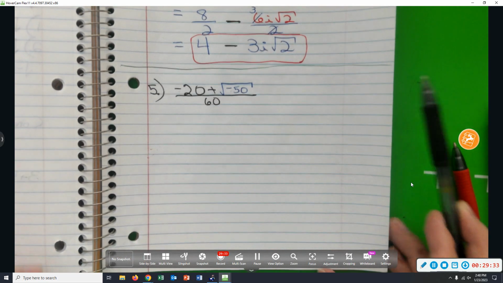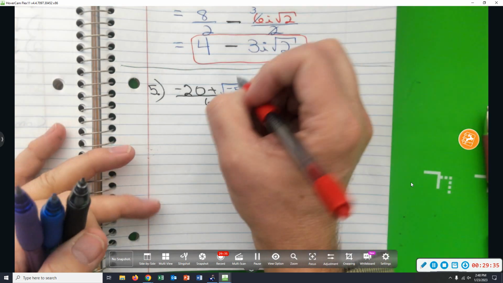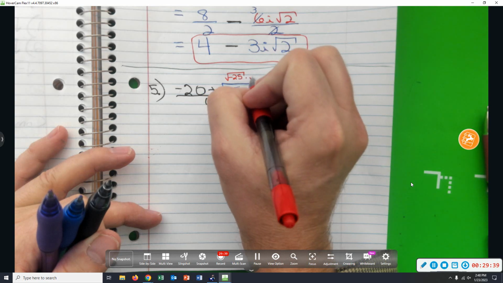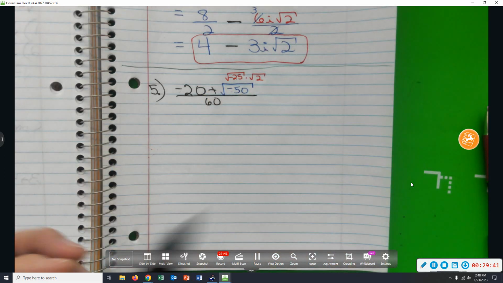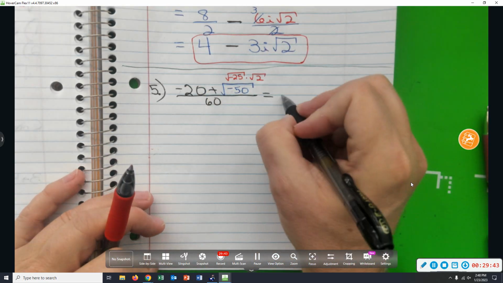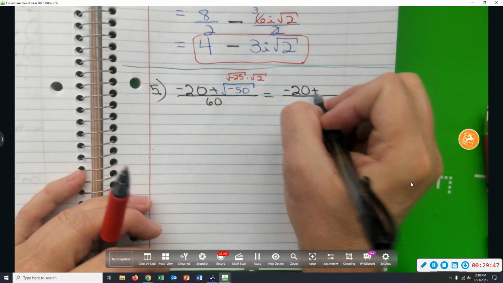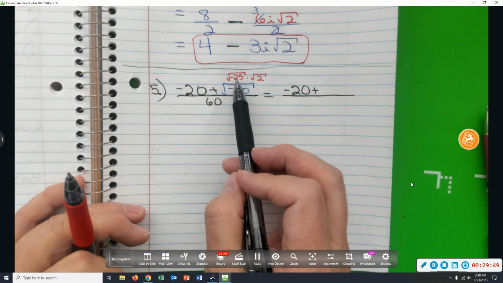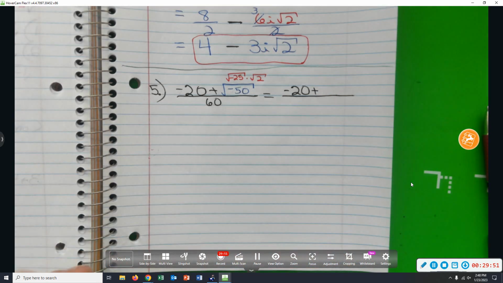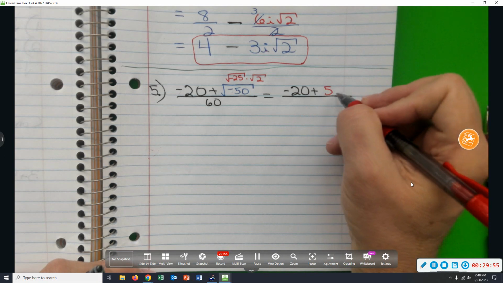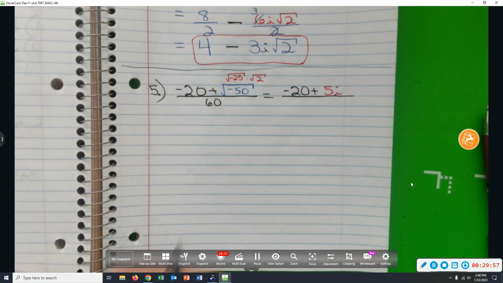So you're thinking of that as negative 25 times 2. How are we going to denote the square root of negative 25? 5i. The square root of 25 is 5, and since it's negative, we stick on that i.